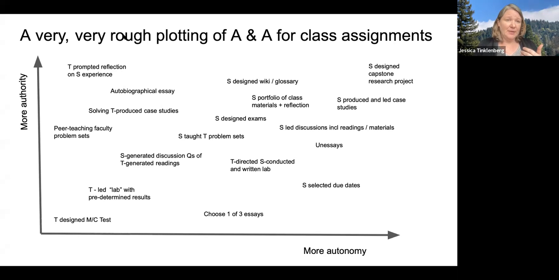A little higher up on the authority might be if you ask your students to write a reflection on their own experience, but you write the prompt, right? Sure, that's going to give them some authority. It's going to say, yes, your experience, your knowledge that you've gained is valuable, but maybe not as much autonomy, not as much choice.